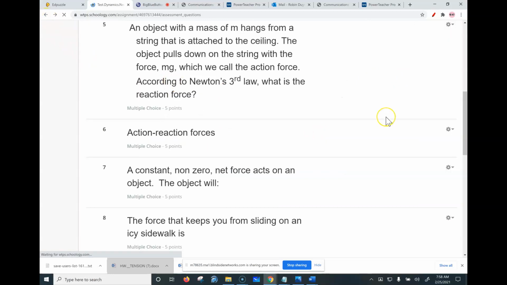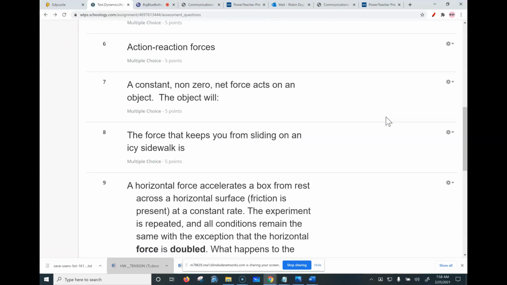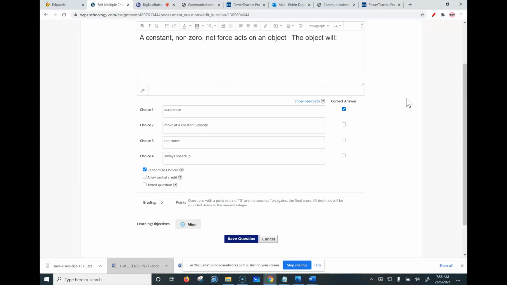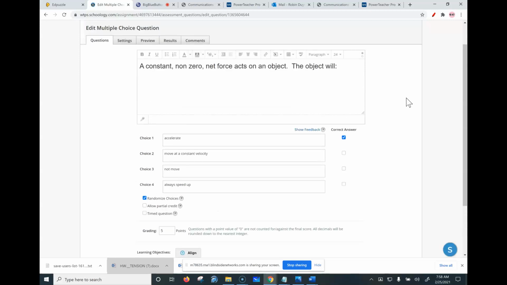All right, let's get back. Here we go. A constant, non-zero net force acts on an object. What does non-zero mean?